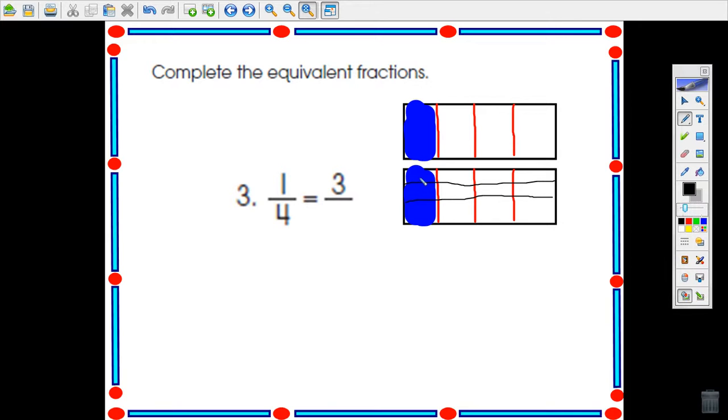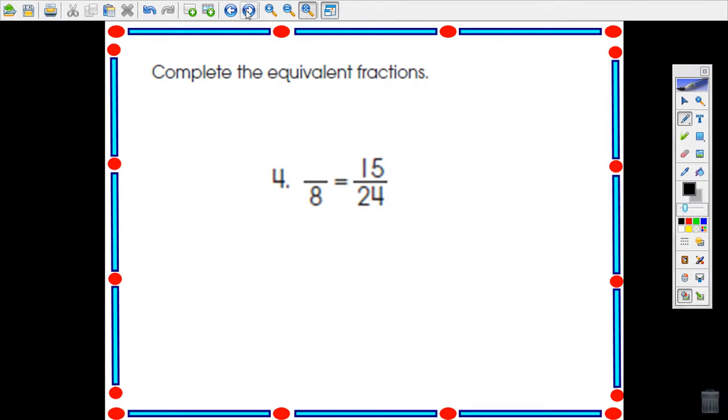And how many total pieces do we have? 1, 2, 3, 4, 5, 6, 7, 8, 9, 10, 11, 12. So we have 3/12. And let's prove it using whatever you do to the bottom, you do to the top trick. So 1 times 3 equals 3. 4 times 3 equals 12.